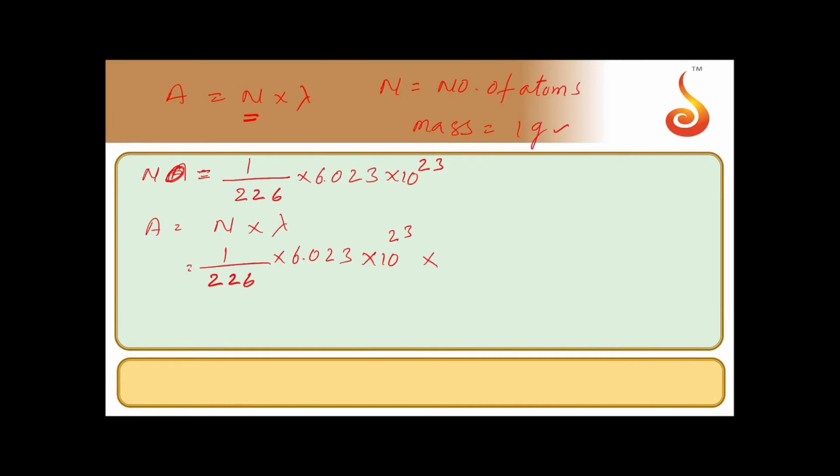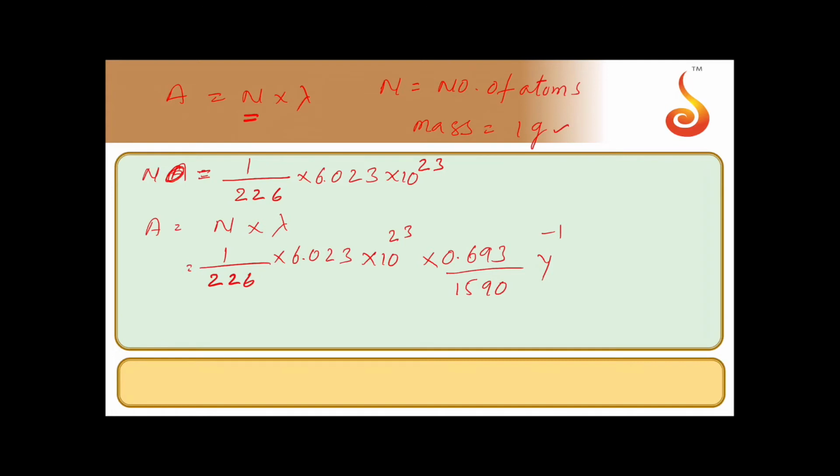Lambda is not given directly, but lambda is given in terms of the half-life. Therefore, 0.693 by half-life, that is 1590 years is given. This will be so many years inverse. Per year, this many atoms have been disintegrating.